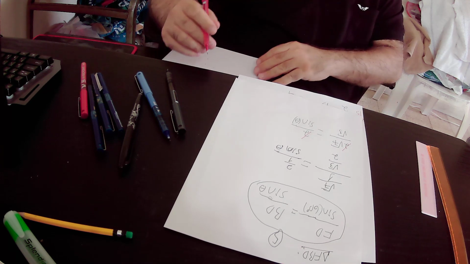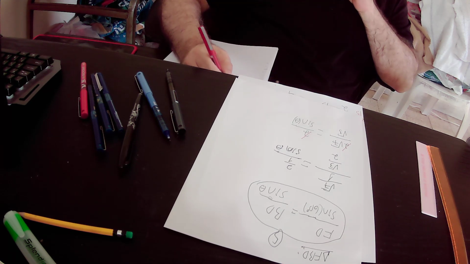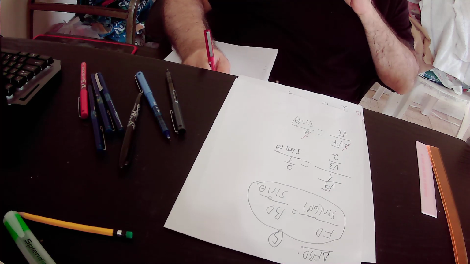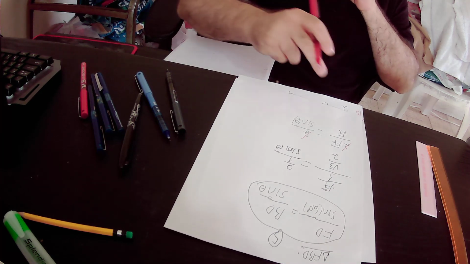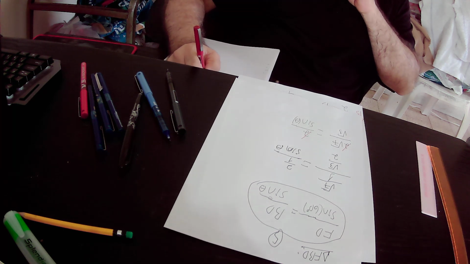is 1 over root 7 over root 3 equals to 1 over sinus theta.